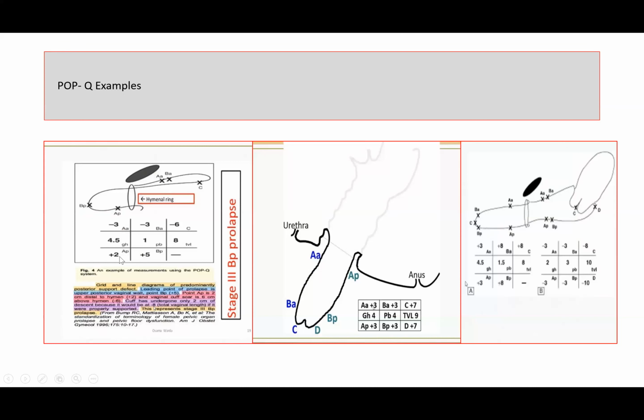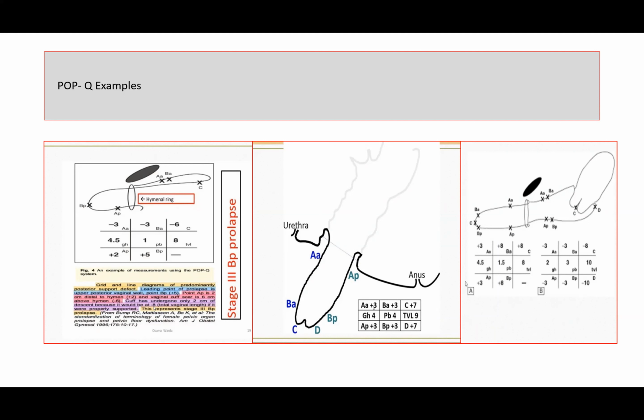Now coming to the posterior vaginal wall. What do you think? Is there prolapse? Yes. So when you see any plus value, always think that there can be stage 3 or stage 4 prolapse. Here the value is plus 2. So what is stage 3 prolapse?